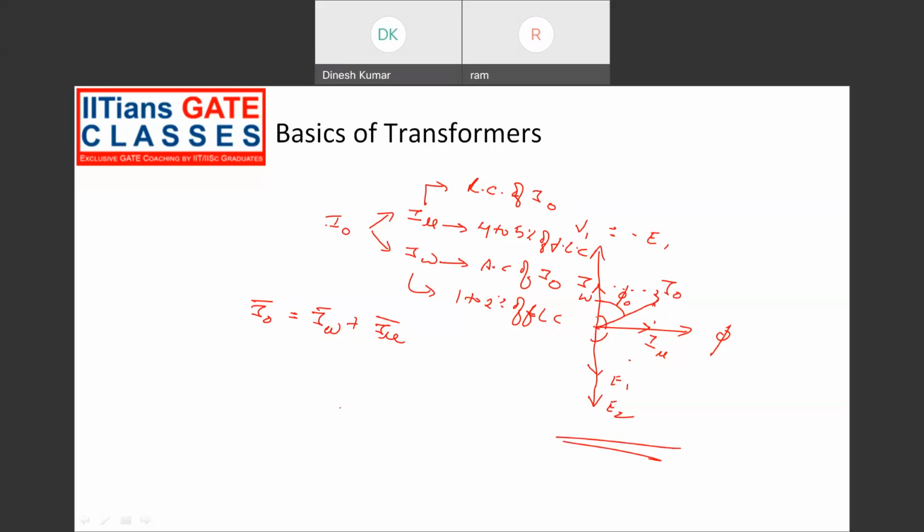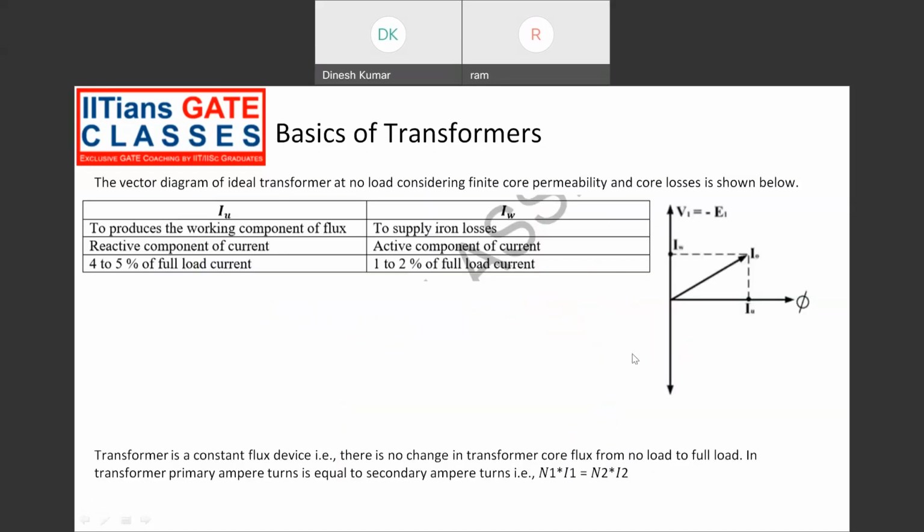Moreover, in a transformer, primary ampere turns are always equal to secondary ampere turns, that is N1 I1 equal to N2 I2. This is what I have explained in the earlier slide.